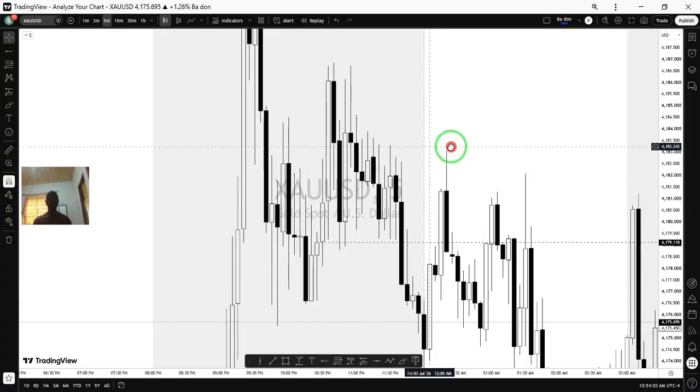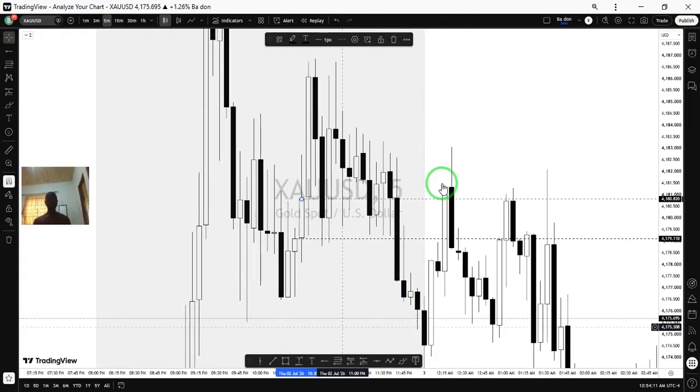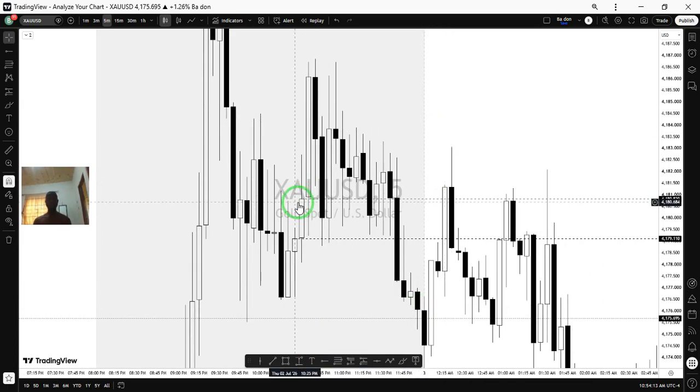Now let's mark this one also so that we don't cherry pick, because if this market was live, I would have picked this one. This one is not valid because you see how this candle did not close above this high. So this 2 is not valid, this 2 is valid, and this 2 is valid.